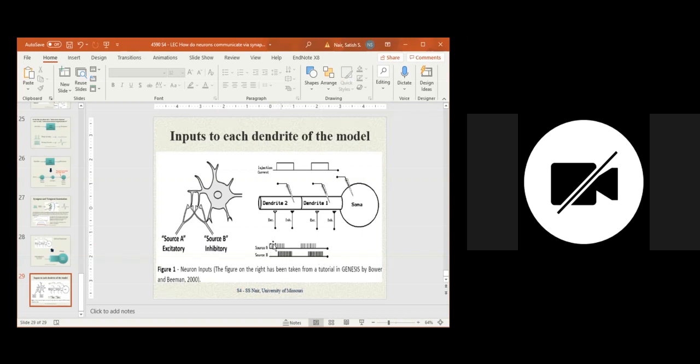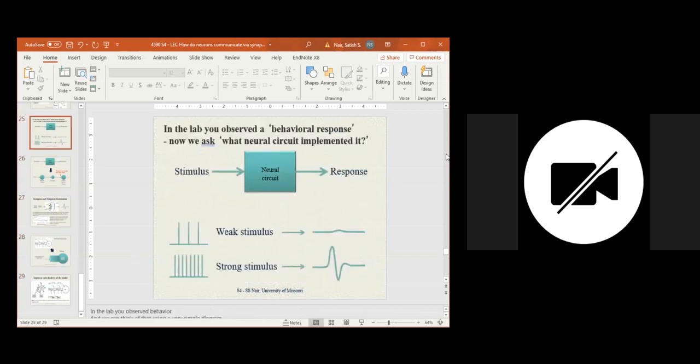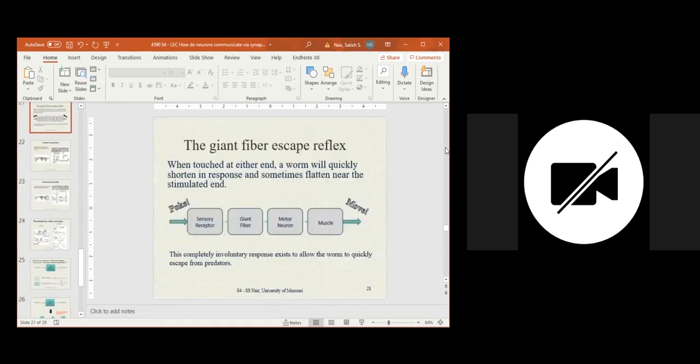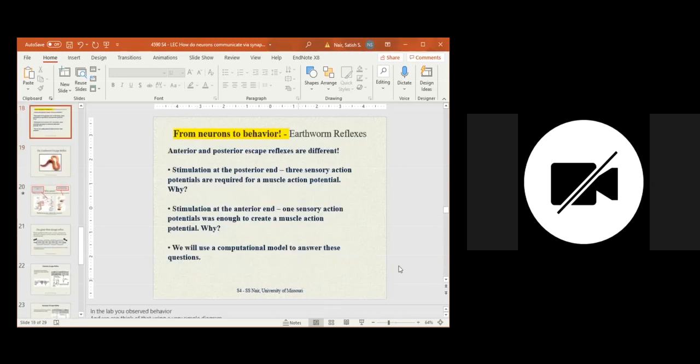And so attach them and convince yourself, adjust the synaptic weights to show how it could simulate either the poking of the anterior end of the earthworm or posterior end of the earthworm. And in this process, you get some idea about temporal summation.